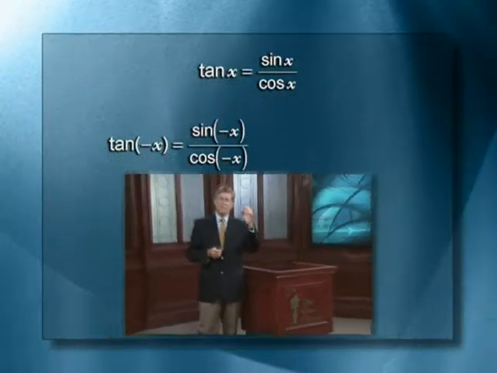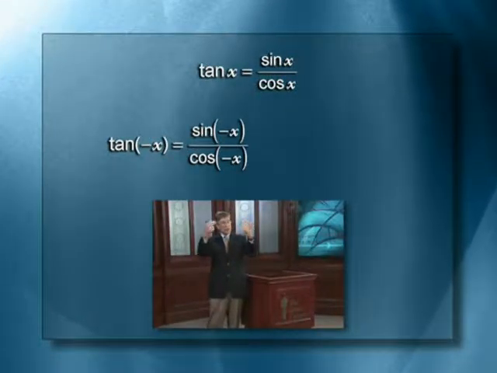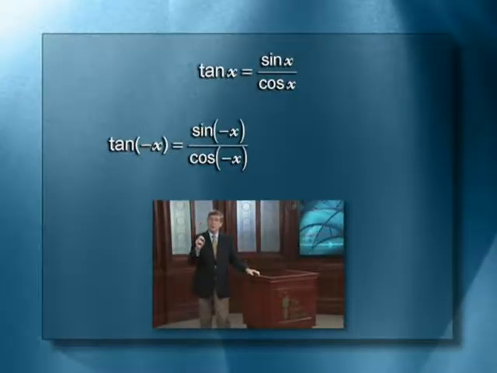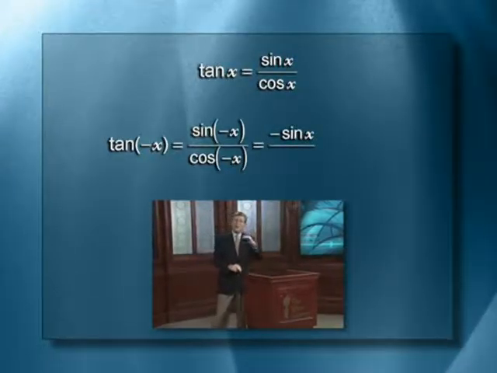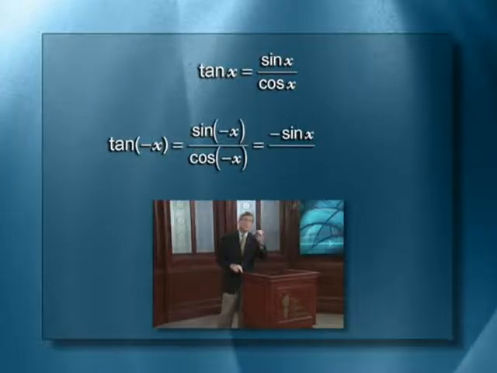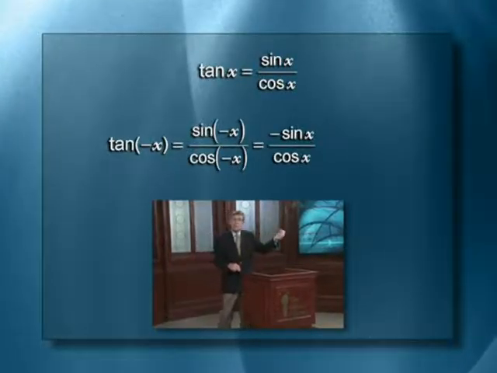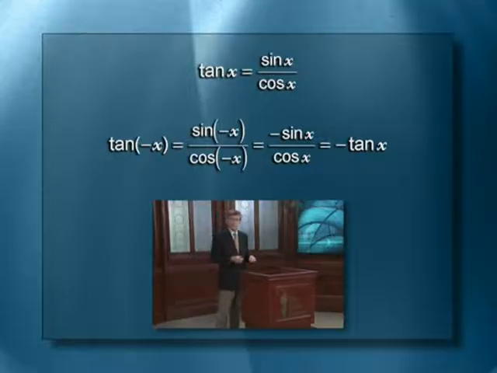You can see that by saying tangent minus x is sine of minus x divided by cosine of minus x. Then remember the numerator, sine of minus x, is an odd function, so that's minus sine x, whereas the denominator is an even function, so cosine minus x equals cosine x. Pull out that minus sign and you have minus tangent x. So we'll have some symmetry here across the origin.